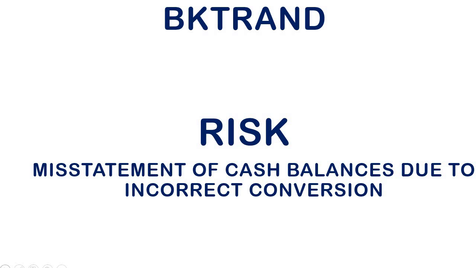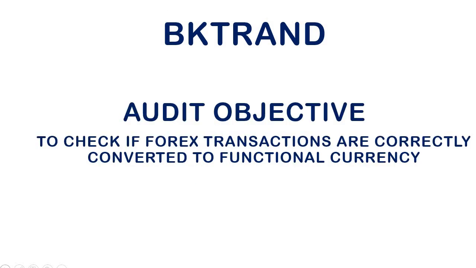So the audit objective, when you look at this table, is to check if Forex transactions are correctly converted to functional currency. If the source currency is not correctly converted to the functional currency, it means we misstate our cash balances, for example.